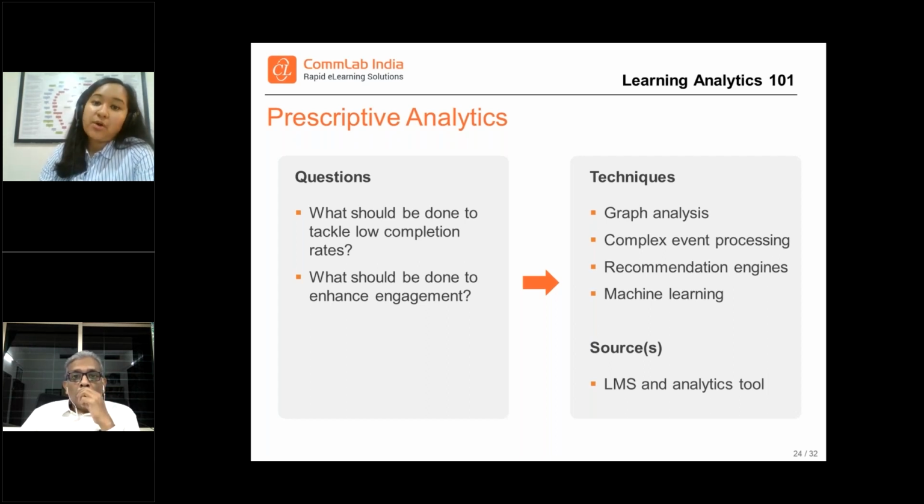It can use complex event processing, recommendation engines, and it can even use machine learning. So yeah, really advanced, right? So obviously your LMS again is insufficient unless it is AI enabled. However, you can still tie it up with an analytics tool, or you can even go with a standalone analytics software to do all these calculations, gathering, analyzation and reporting for you.